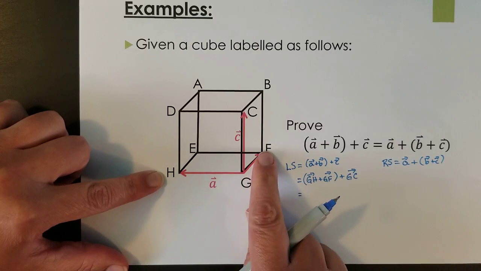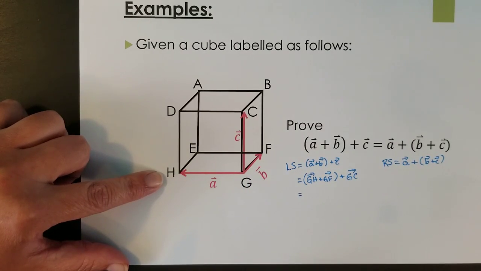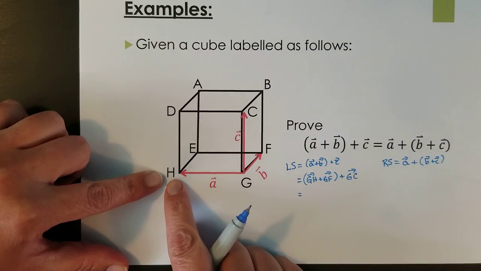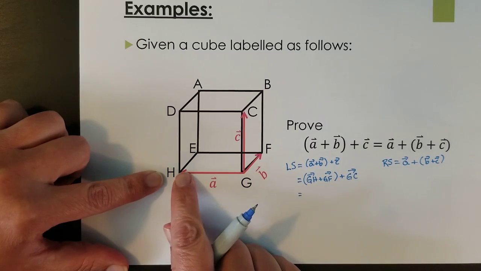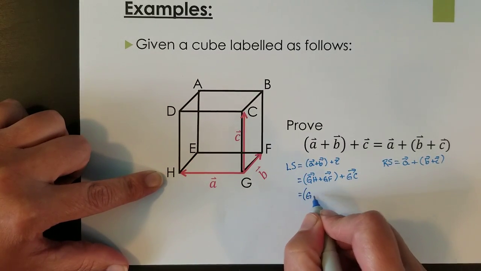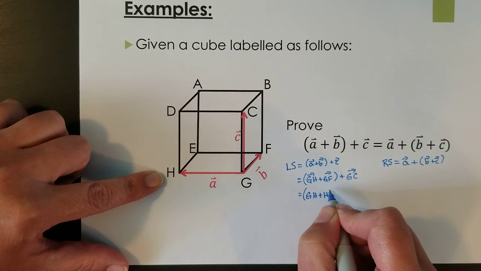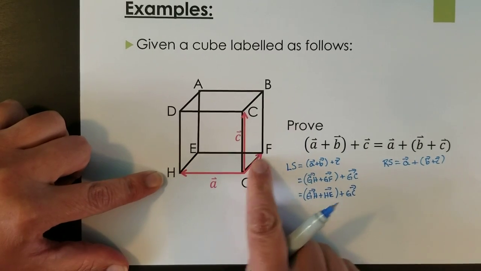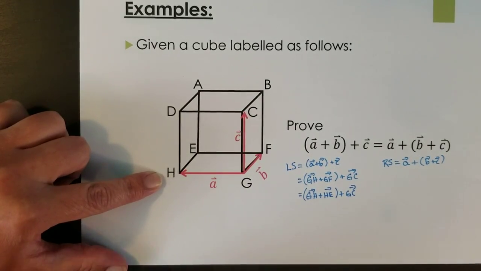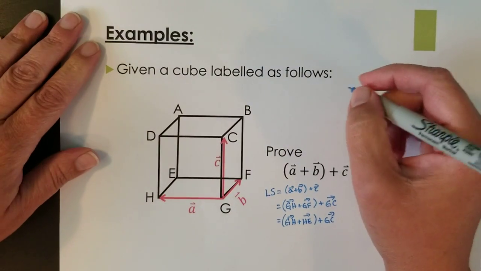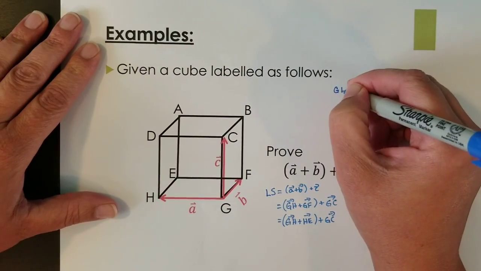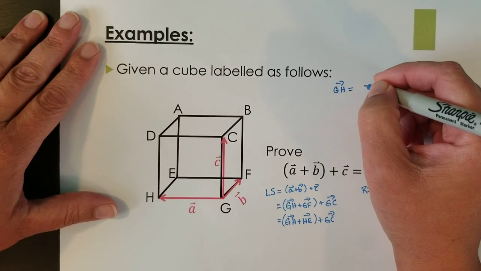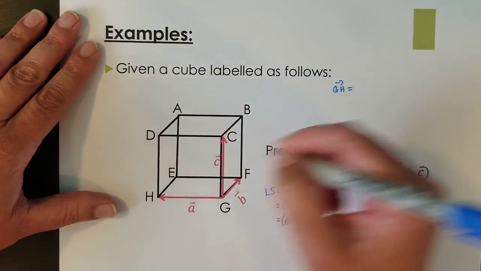Now GH plus GF, I can't add those because they're not head to tail. What could I replace GF with to make this head to tail? I could call that HE. So GH plus HE, and I know that I can put those equal because it's a cube. And you maybe want to state that, say GH is equal to all of the A's that are equal.